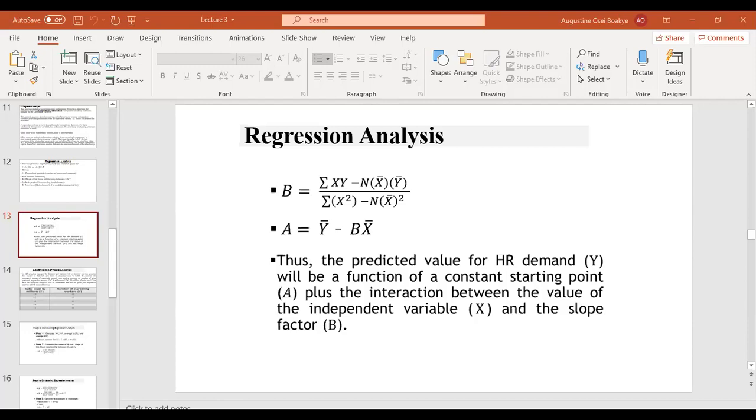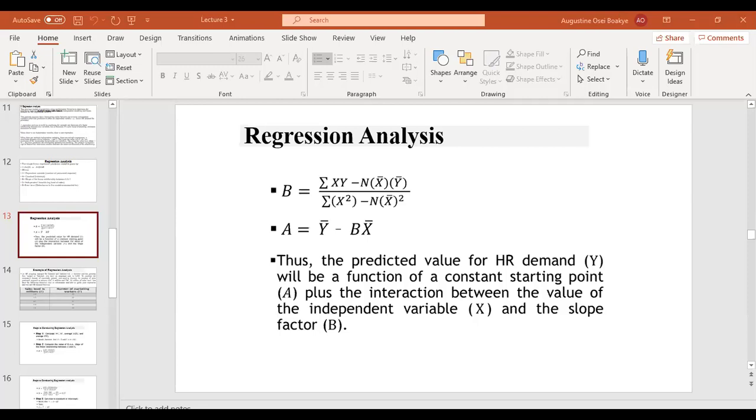2 times 20 is what? 40. Good. Now, 3.5 times 32. 112. 4.5 times 42. 189. 6 times 55. 330.